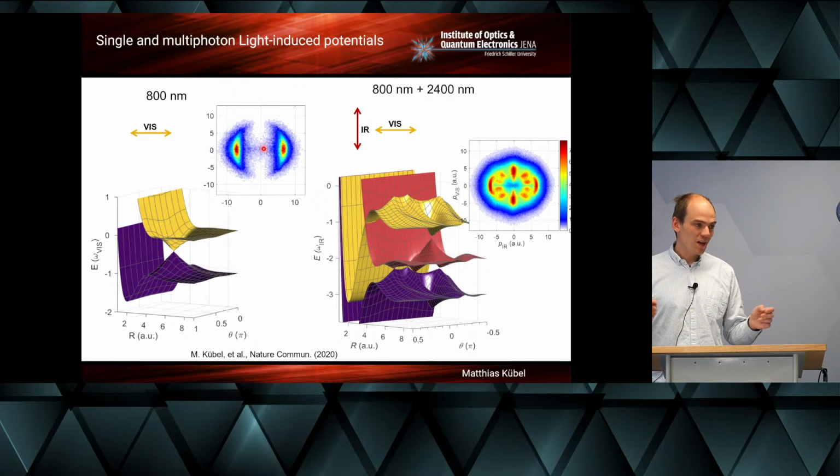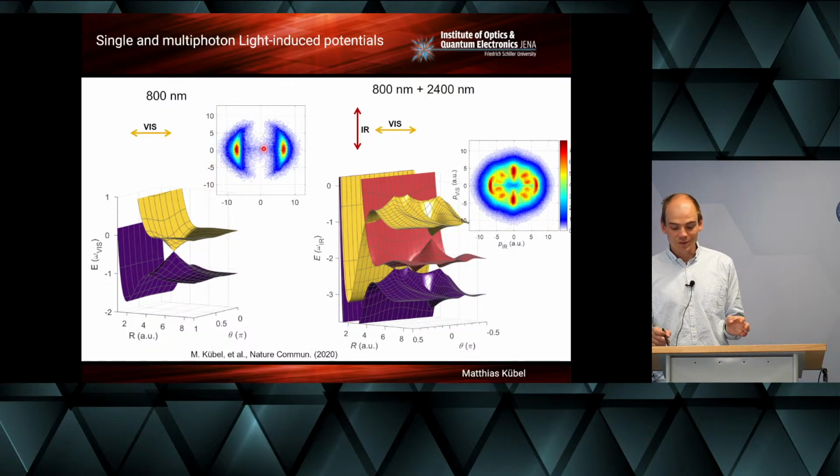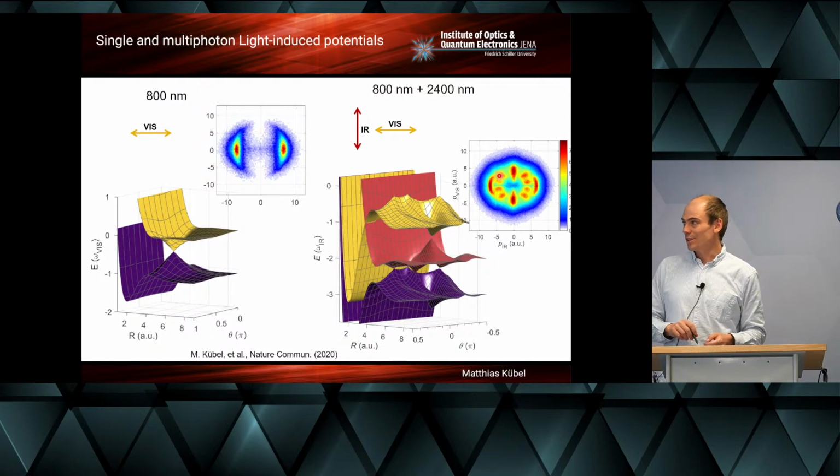Sometimes a bit narrower, sometimes a bit wider, but they used to have this almost circular shape, and then a smooth distribution of the count rate along the angle. But then we observed this strongly structured distribution here, and after long discussions finally found the explanation in terms of these light-dressed potentials.